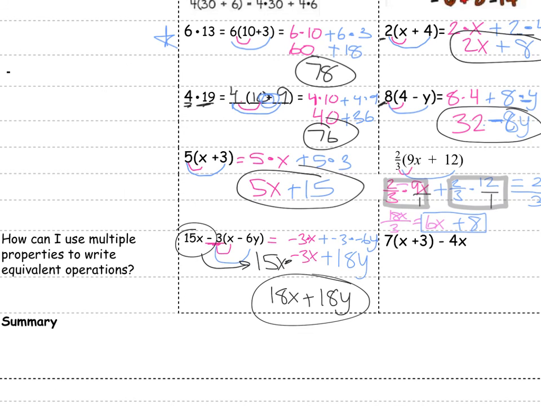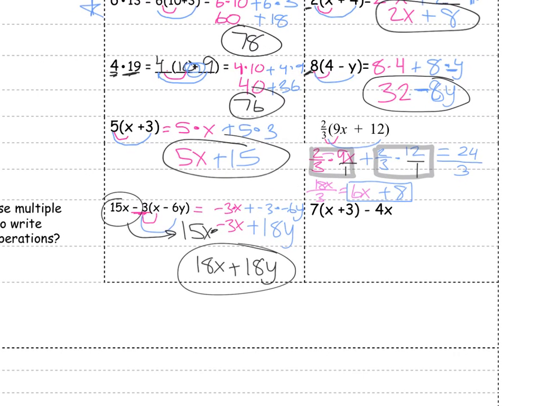Okay, so let's finish off the last one. 7x plus 3 minus 4x. So again, we're taking the 7, distributing it. So we have 7 times x. Now we're going to take the 7, distribute it to that 3. 7 times 3. But we're still keeping that piece. So I'm just going to rewrite that. Minus 4x.